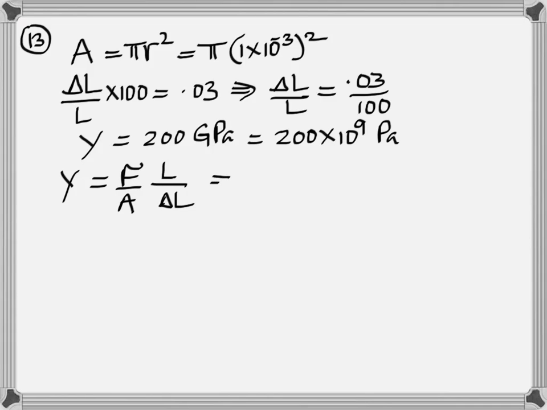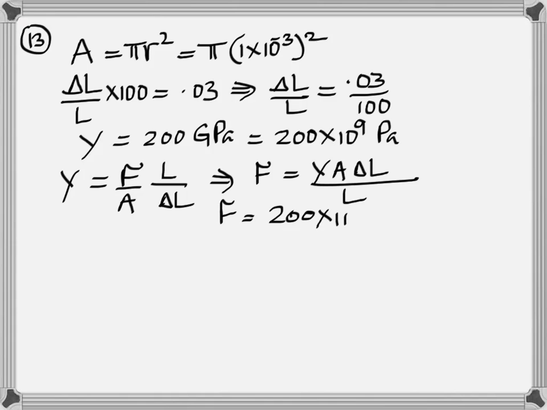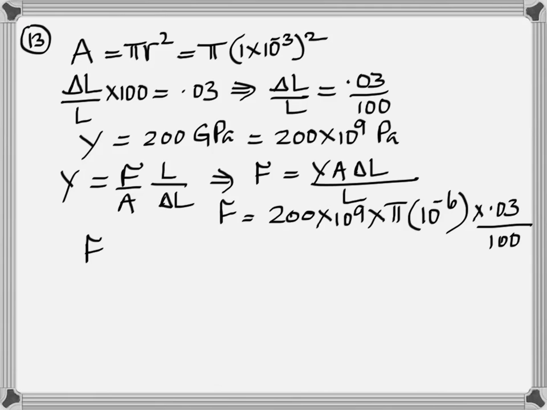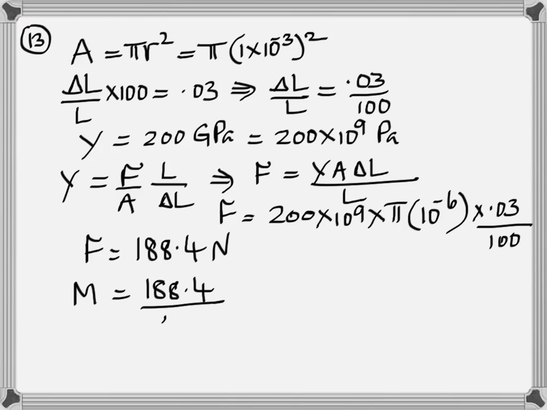So now it's just a case of plugging in the numbers and calculating. And this is what you get for the force. If that's the force, mass is just divided by g.